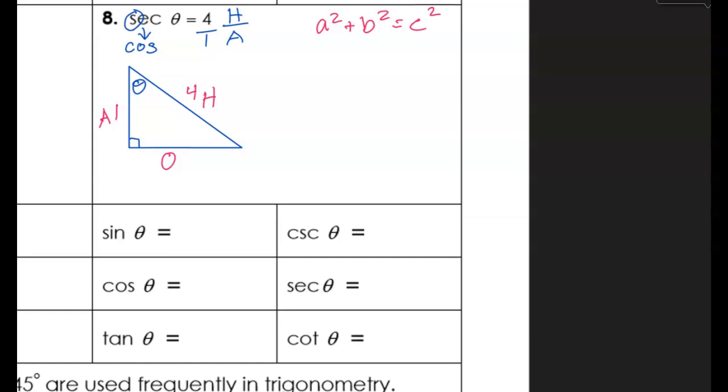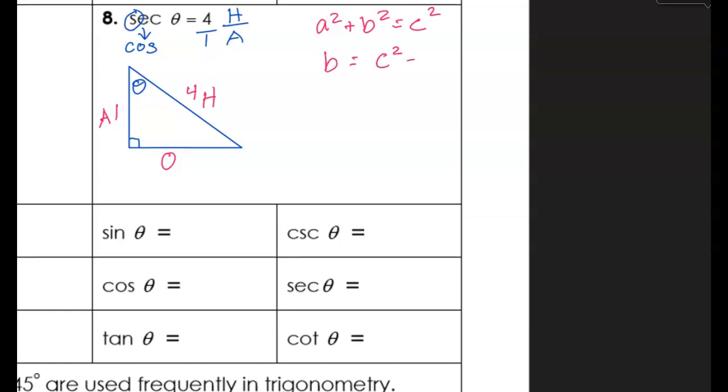So here, on this problem, I'm missing a leg. So I'm missing either A or B. It doesn't matter which. Now I'm going to show you the shorthand version of the Pythagorean theorem that I do. Yes, you can plug them in here and solve. Or you can just know I'm having to solve for one of the legs, meaning I'm going to get b by itself here. I'm going to subtract a squared to the other side.